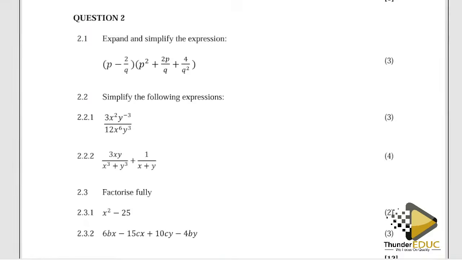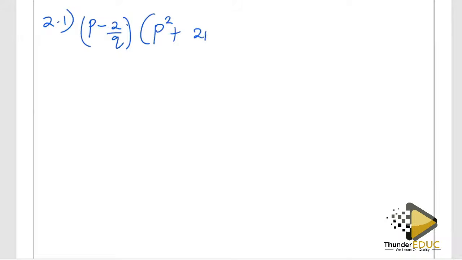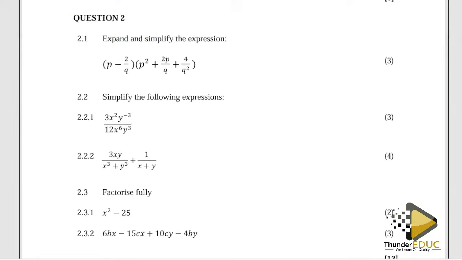2.1. So the question is telling us if we have (p minus 2 over q) times (p squared plus 2p over q plus 4 over q squared).